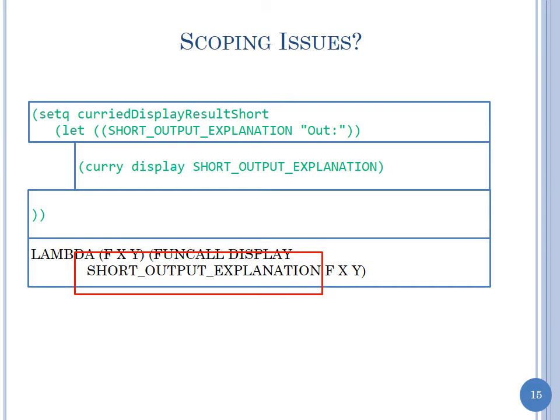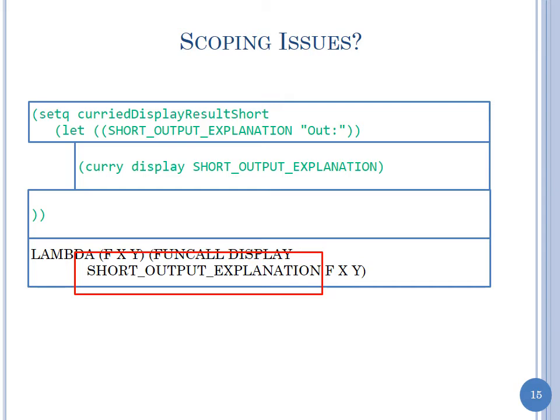So you said curried function is sort of like let. Well, let's try to combine these two things together. So let's do the curry in a let. And that let can define new variables. So this let has defined its own short output explanation, which is not result but out.